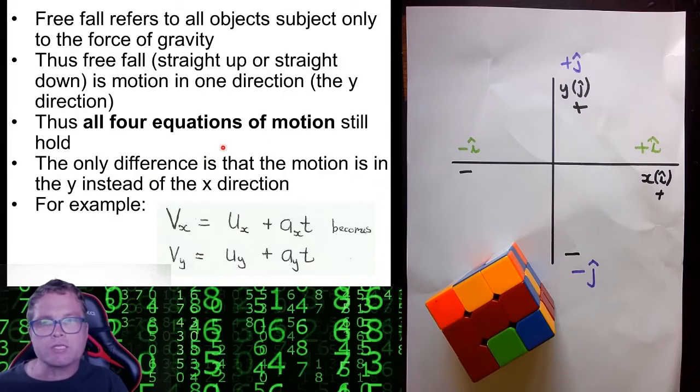The four equations of motion thus still apply. The only difference is that they don't apply in the x direction, but because we're working in the y direction, they apply in the y direction. And of course, this a_y is going to be 9.8 meters per second squared in the minus j hat direction.